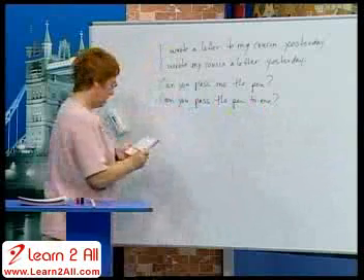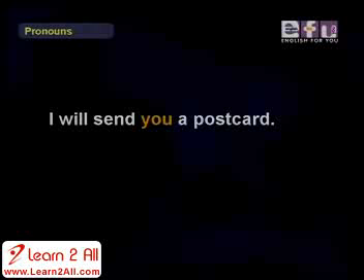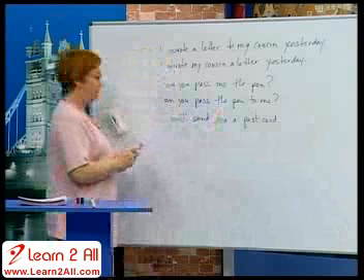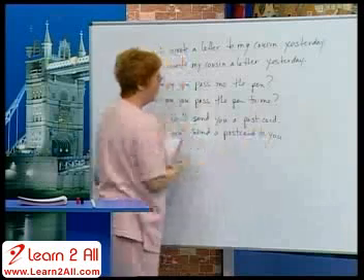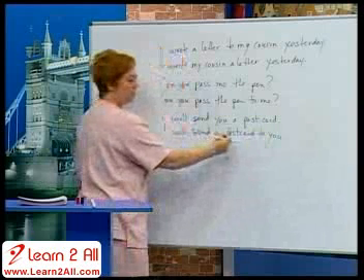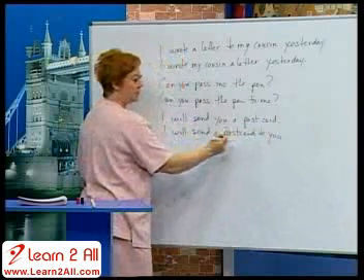Okay? All right. And I will send you a postcard. Okie dokie, Isabel. I will send a postcard to you. Yes. Again, we took "you," because this is the direct object.